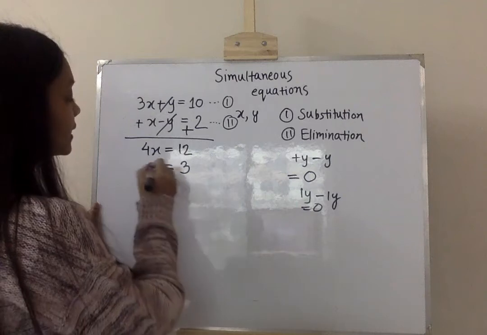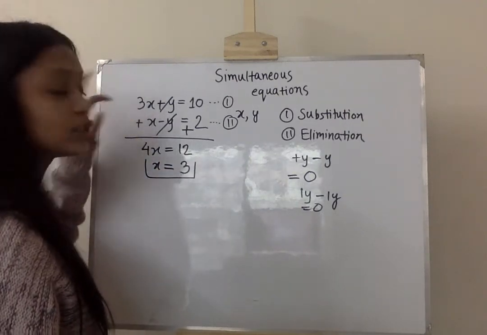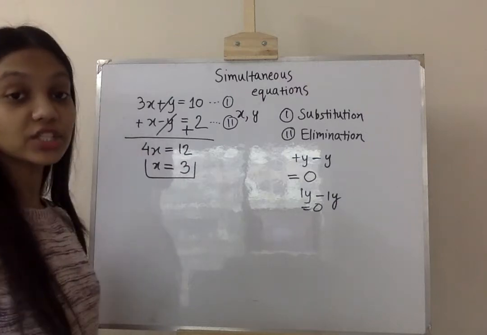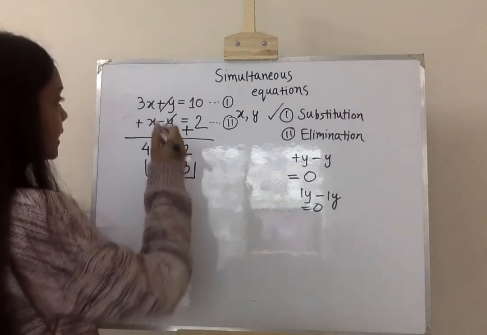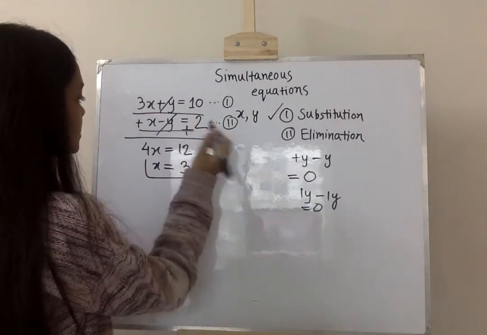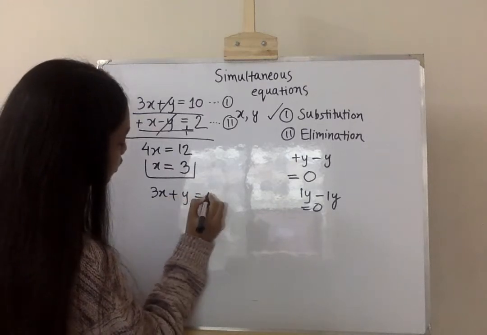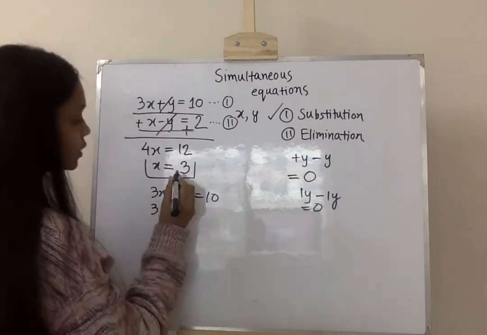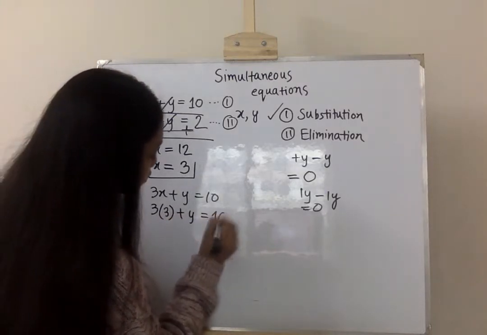What we can do is take this value and substitute it in either the first equation or the second equation, just how we have done in the substitution method. Let's take this one, whichever you want. 3x plus y is equal to 10. We know the value of x is 3, so 3 plus y is equal to 10.